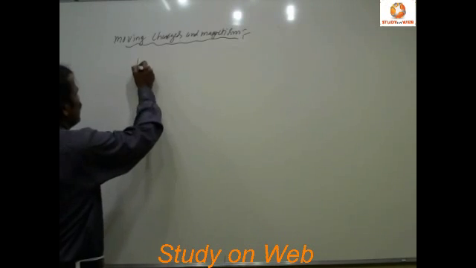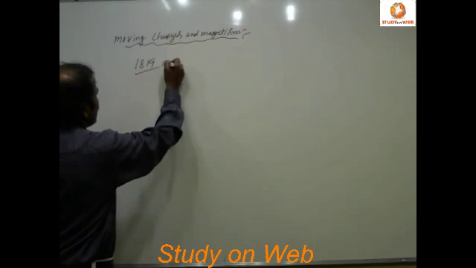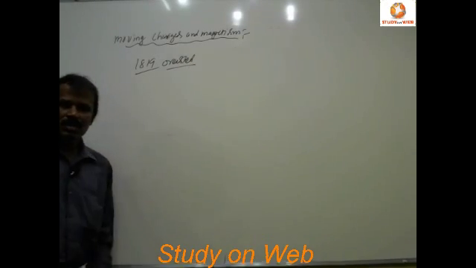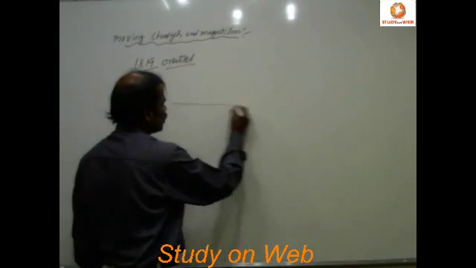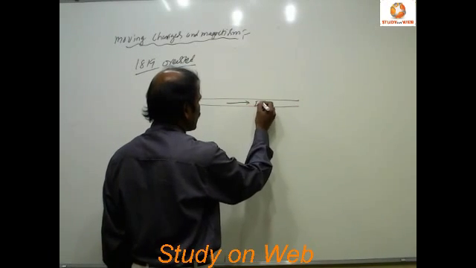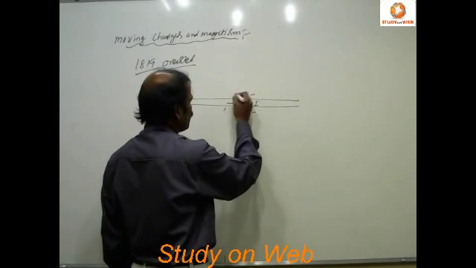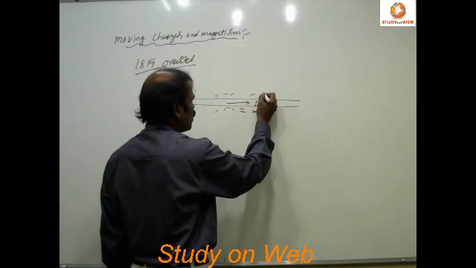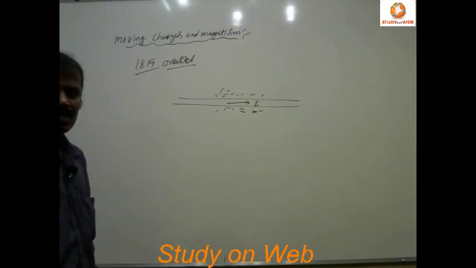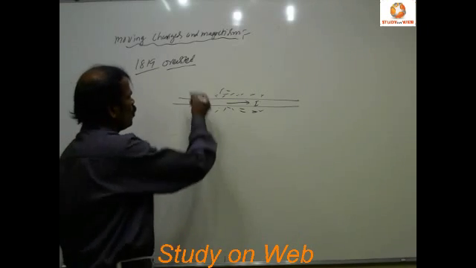Actually in 1819, a scientist by the name Oersted showed that when current flows through a conductor, the piece of magnet below the conductor shows the force experienced.